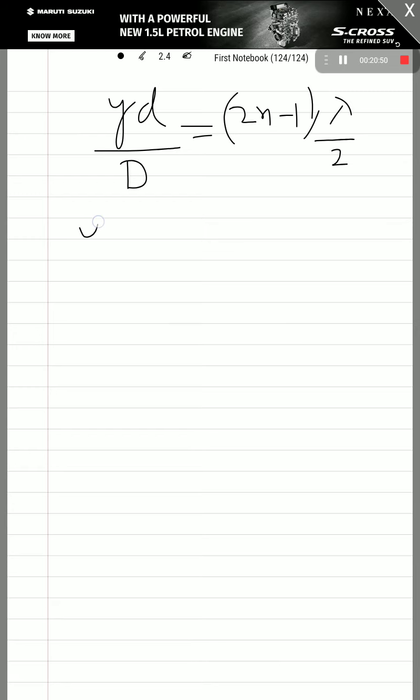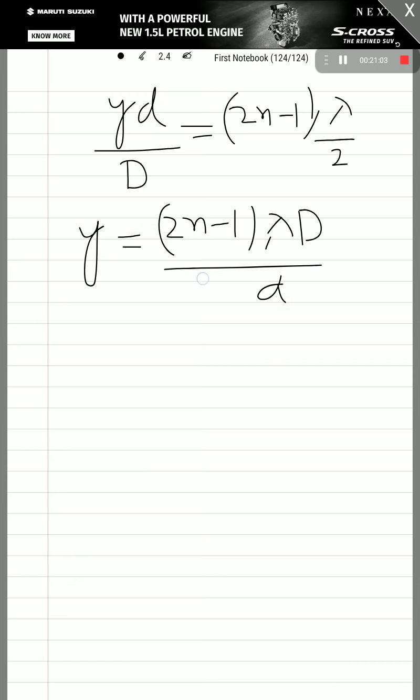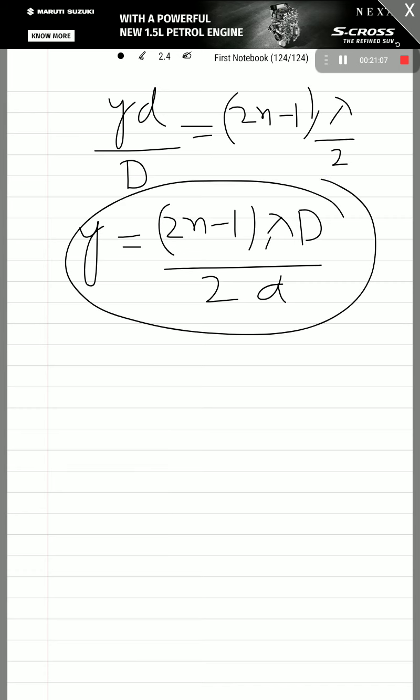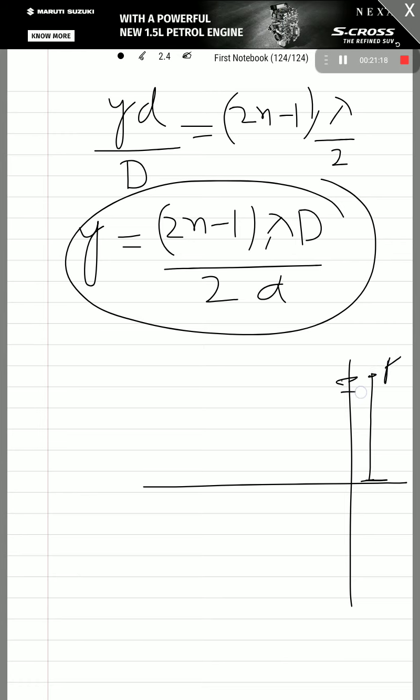So you can find y here as (2n minus 1) lambda capital D upon small d and 2 also. So at this value of y on the screen from the axial point, this is the y from any point P. This point P can be anywhere, so the y value will be different.